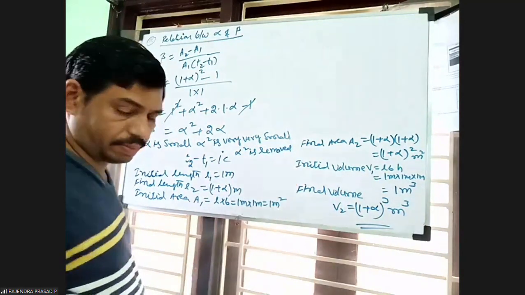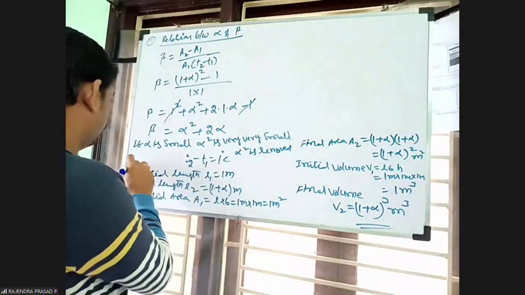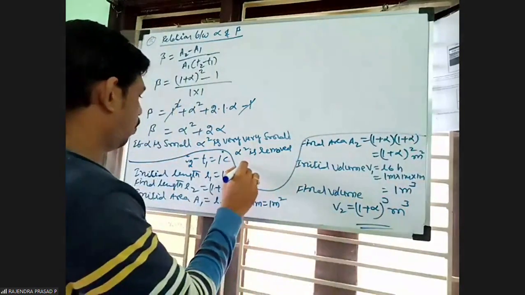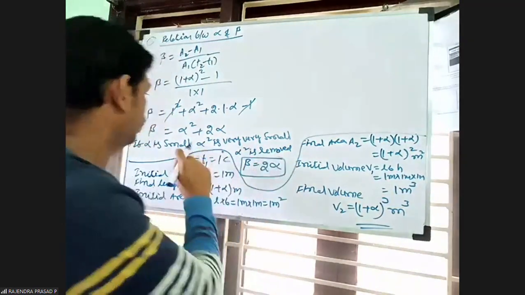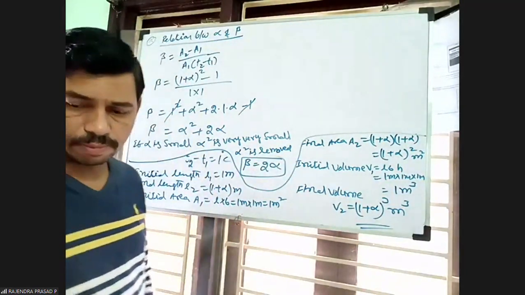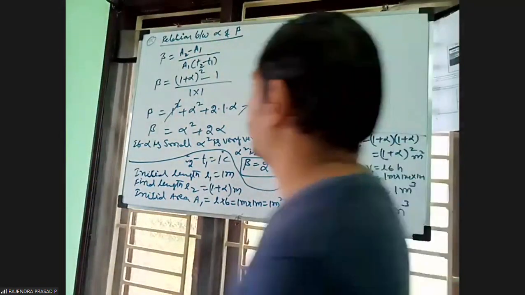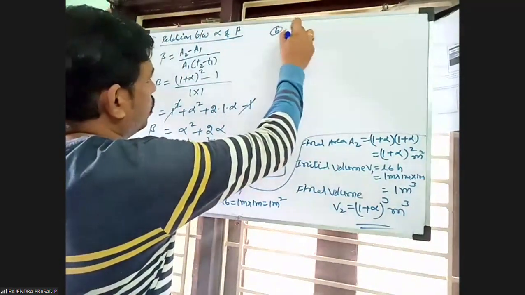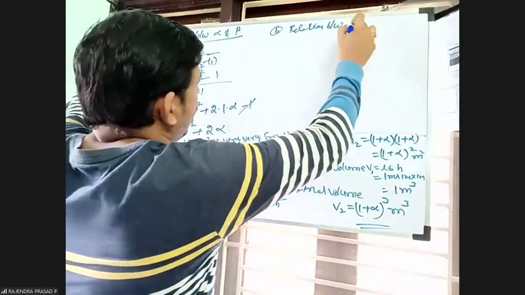Therefore, beta is equal to 2 alpha. Beta equal to 2 alpha. This is the relation between alpha and beta. Next, the relation between alpha and gamma.